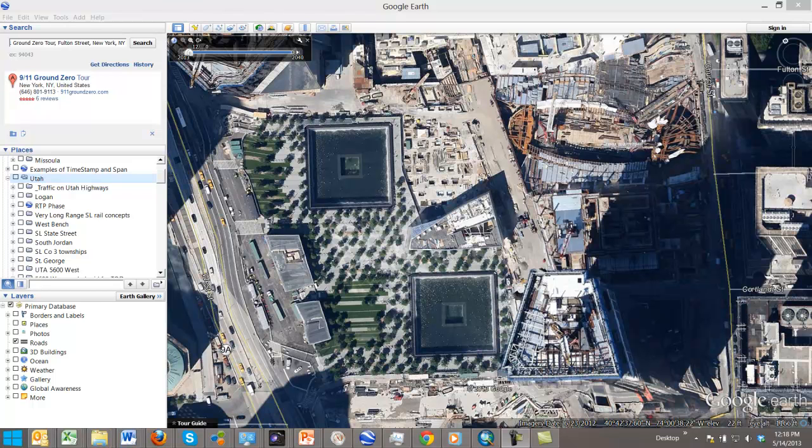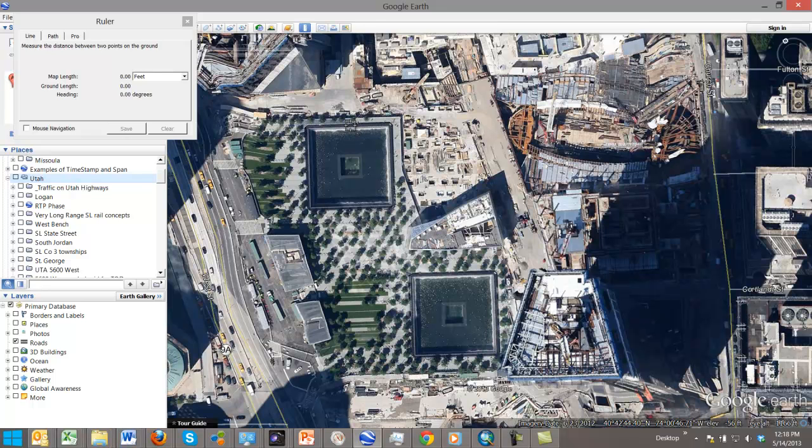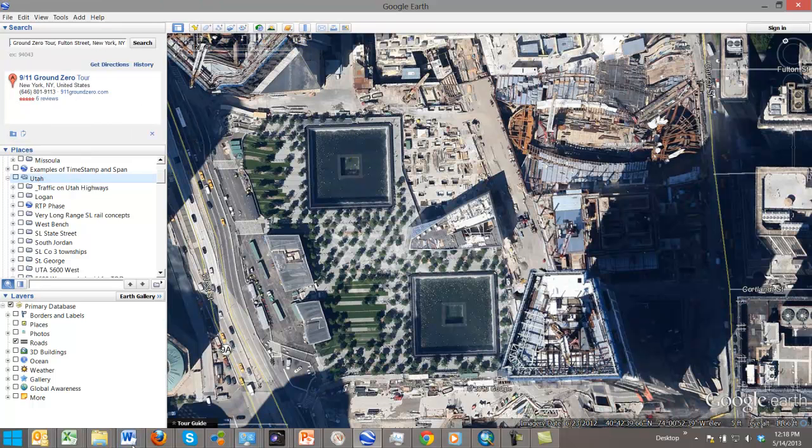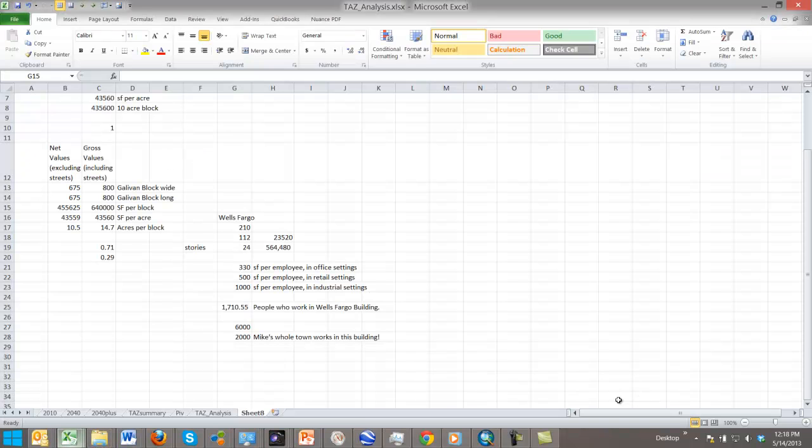This will be interesting. This is ground zero in New York City. Let's see how many people worked in the World Trade Center. So here's one of the building footprints. It's about 183 feet wide. So back to our spreadsheet. So 183 by 183 equals this times this.